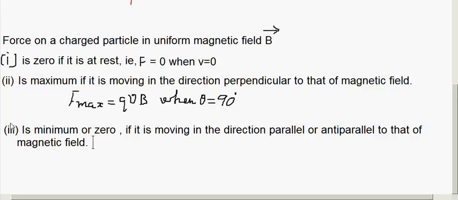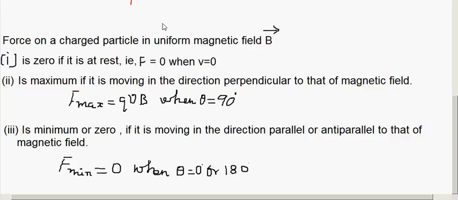Parallel or anti-parallel, that means actually when theta is 0 or 180 degree. You can write F minimum equal to 0 when theta is 0, parallel or anti-parallel.